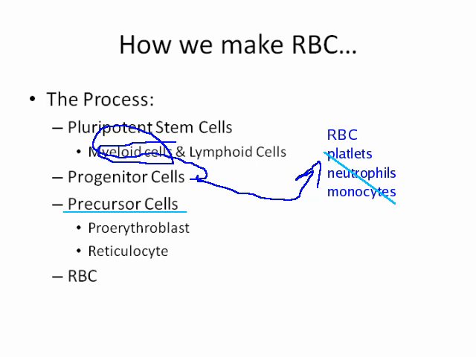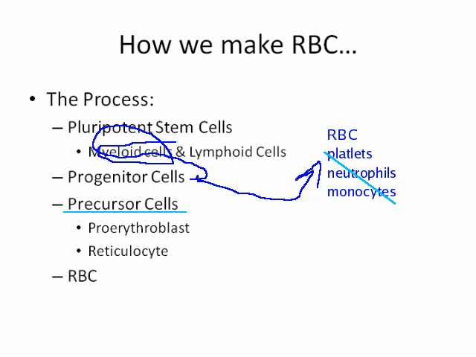This is what happens. Proerythroblasts will begin to divide within these precursor cells to become and create hemoglobin. We'll talk about hemoglobin in a couple minutes. But we know from lecture that hemoglobin is the molecule that is attached to the red blood cells that, because of the heme group, will carry the oxygen.